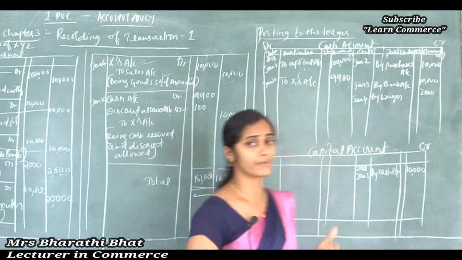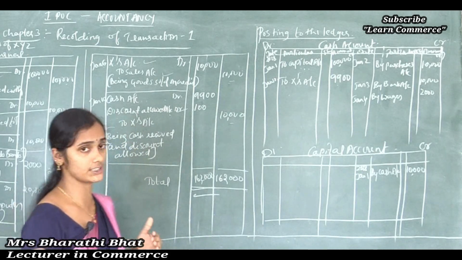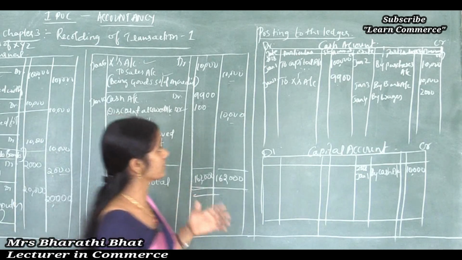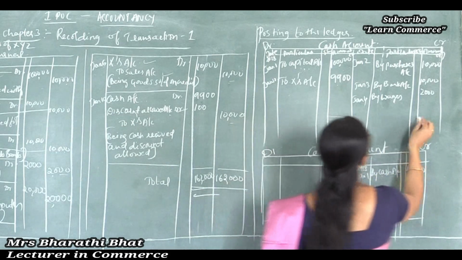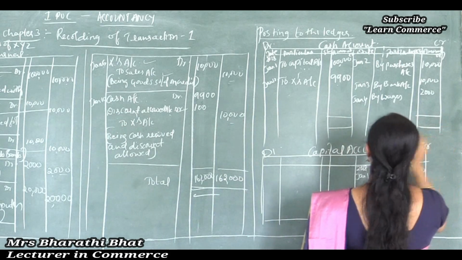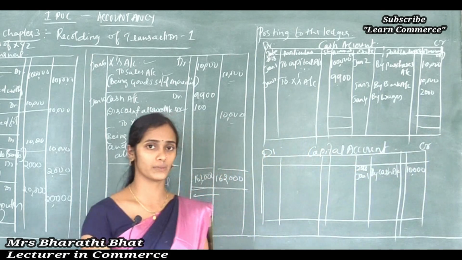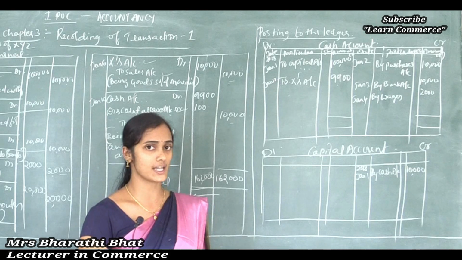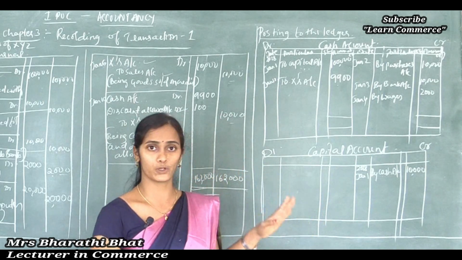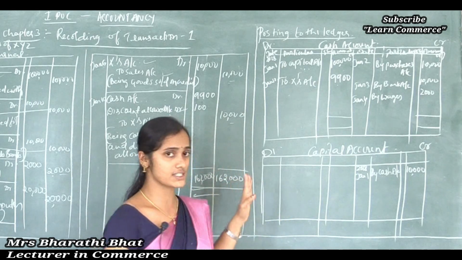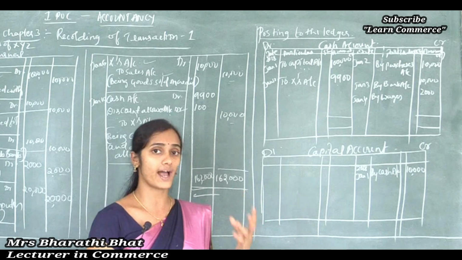And the next step, in the previous sum we posted the transactions to the ledger, we did not balance the account. I'll tell you how to balance the accounts. But balancing the accounts takes too much time. So from the exam point of view, no need to balance the accounts, we just need to post the transactions to the concerned individual account, but we should know how to balance the accounts.